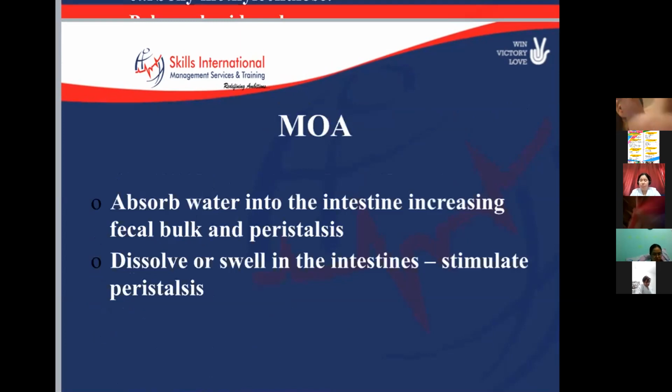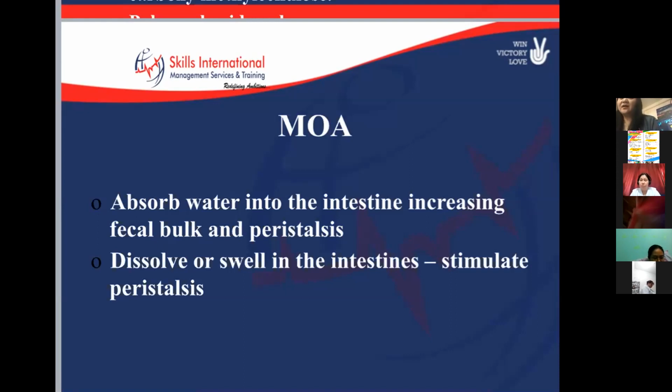Now, the mode of action of this laxative is it absorbs water into the intestine, increasing fecal bulk and peristalsis. So, once na-absorb yung laxative sa abdomen natin, sa intestine natin, nagkakaroon na siya ng peristalsis. So, nag-move na siya, it dissolves, and nag-stimulate na siya ng peristalsis.